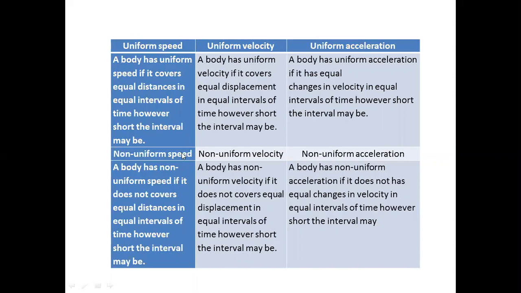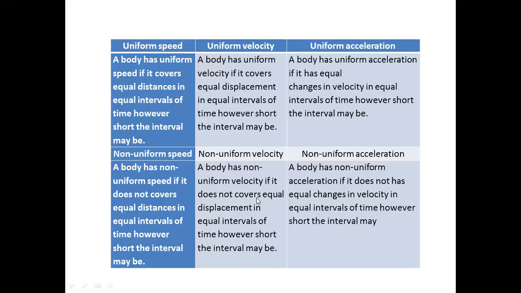Okay, now the non-uniform speed. A body is said to have non-uniform speed if the body does not cover equal distance in equal intervals of time. Non-uniform velocity: if the body is not covering equal displacement in equal intervals of time, then its velocity will be non-uniform. Velocity is also variable, it is also non-uniform, when either the speed is changing or the direction is changing, or both speed and direction are changing.